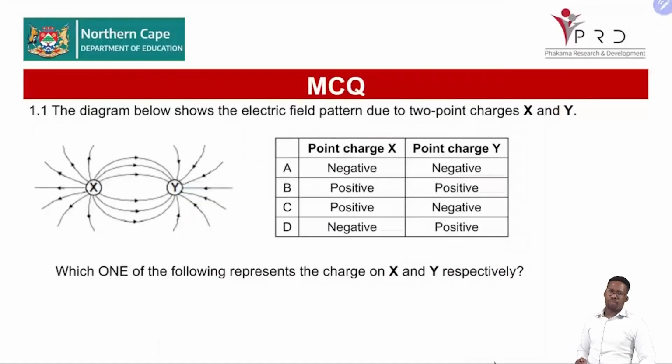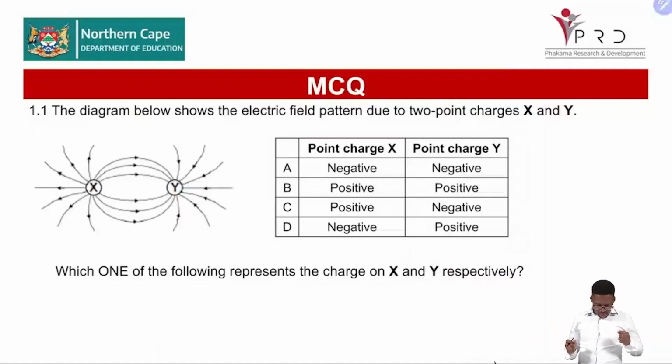Let's look at this multiple choice question in 2 minutes. The diagram below shows the electric field pattern due to 2 points X and Y. So you know that for positive, the electric field lines, they go out.